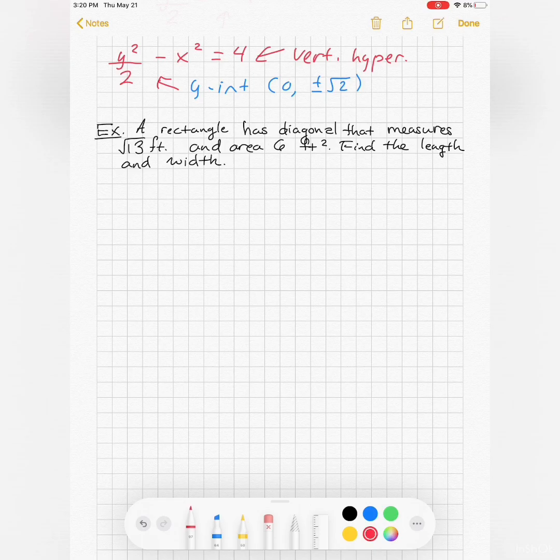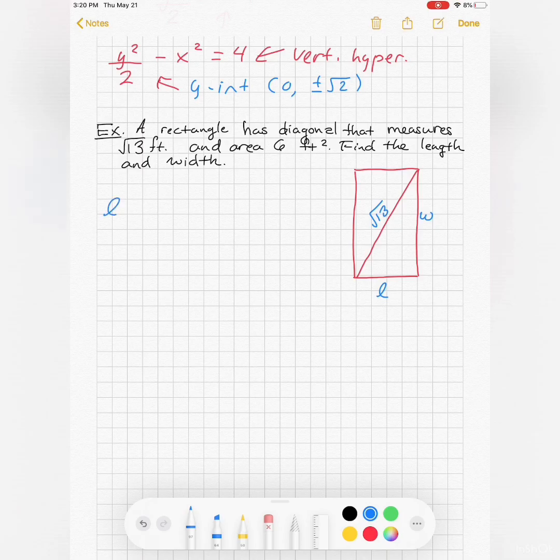Okay, a rectangle has a diagonal that measures square root of 13. The area of the rectangle is 6 square feet. Find the length and the width.